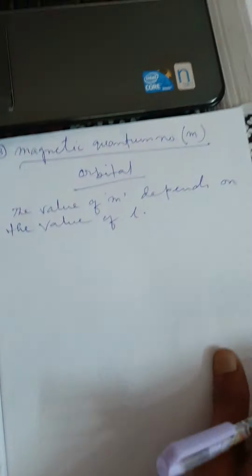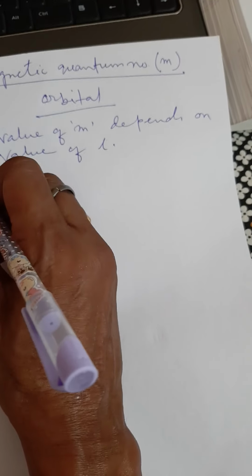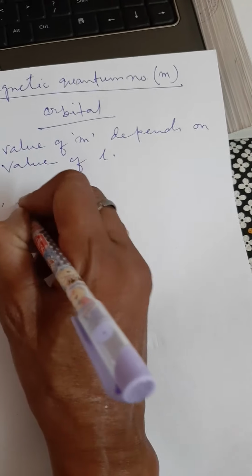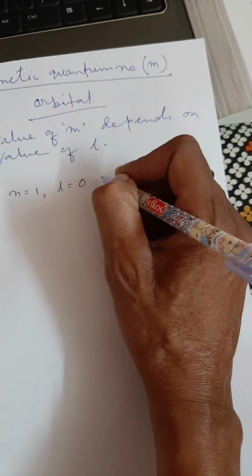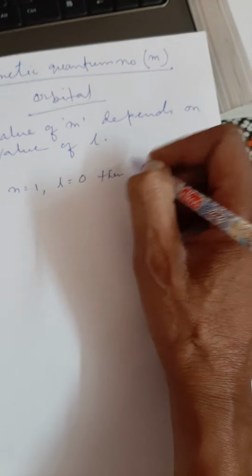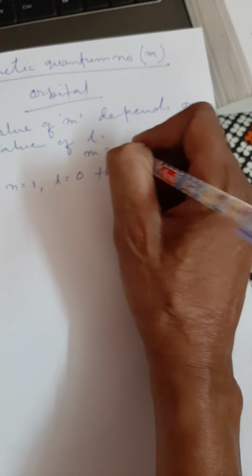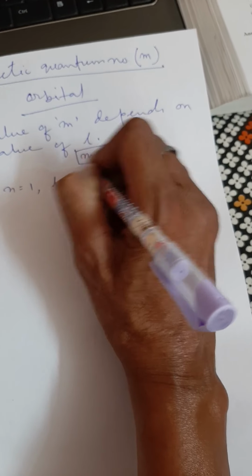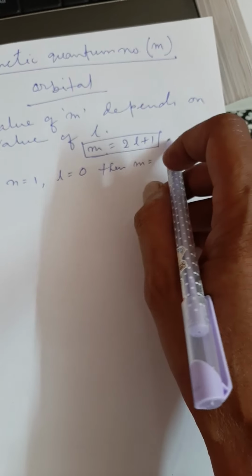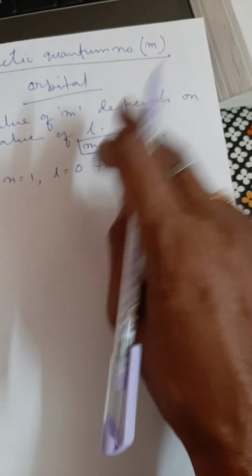Now I am showing that. When n equals 1, then l equals 0, and you know the formula: m equals 2l plus 1.